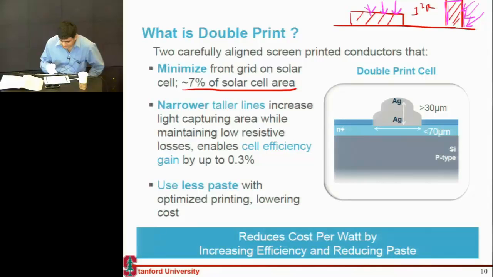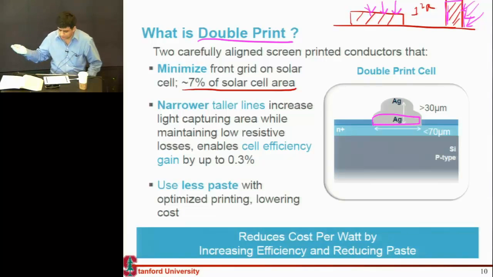So what the industry is currently planning is to move to this scheme called double print, where instead of printing this finger in one shot, you print one thing which is more horizontal and wider, and then you come back. Again, you're not using lithography, neither are you using any alignment mark, but you come back and align this very precisely, and all this alignment is done in that screen printing equipment itself, and then you print something more vertical.